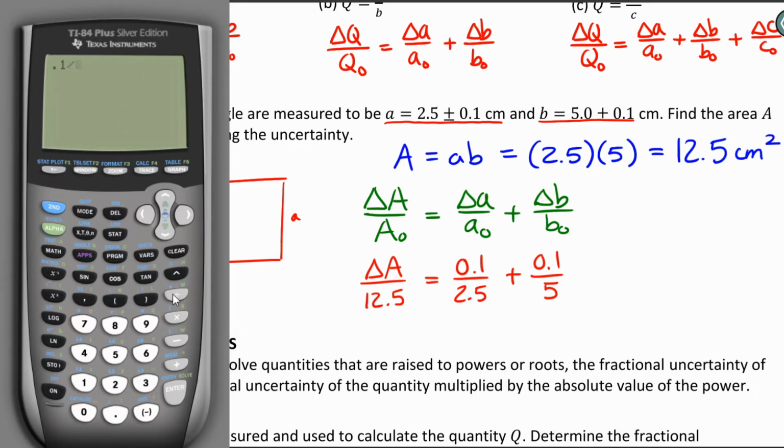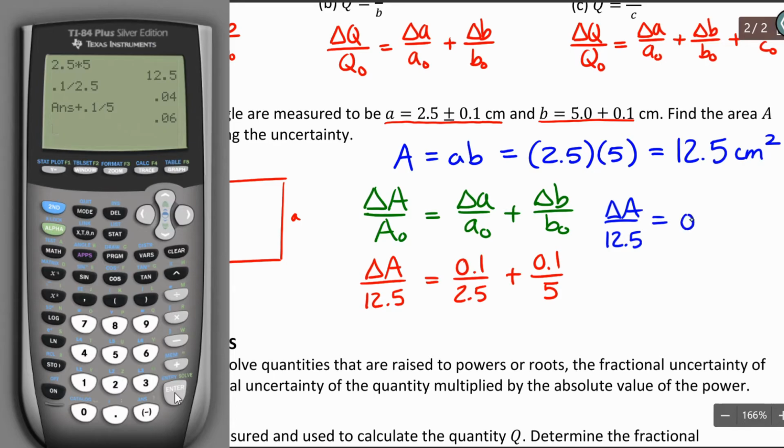0.1 divided by 2.5, that's 0.04, plus 0.1 divided by 5, that's 0.02. This gives us the result that the absolute error in A divided by 12.5 equals 0.06.